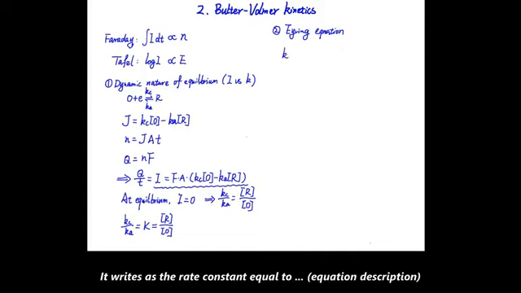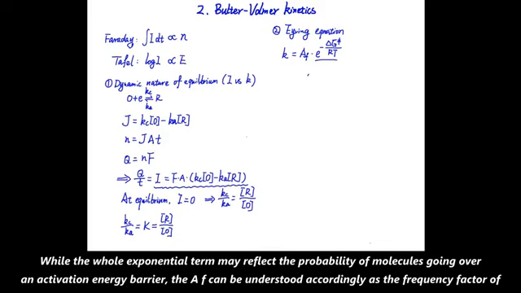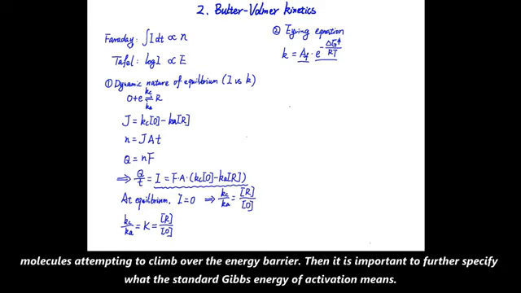It writes as the rate constant equals AF times e to the power of minus delta G double dagger divided by RT. Delta G double dagger here means the standard Gibbs energy of activation, R is the gas constant, and T is the temperature. While the exponential term reflects the probability of molecules going over an activation energy barrier, AF can be understood accordingly as the frequency factor of molecules attempting to climb over the energy barrier.